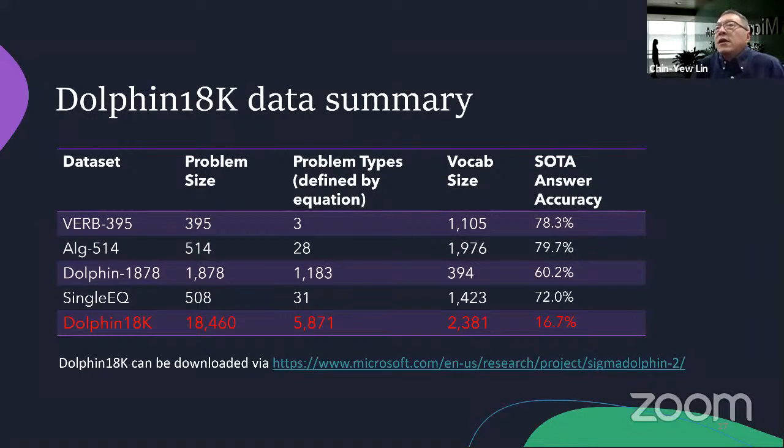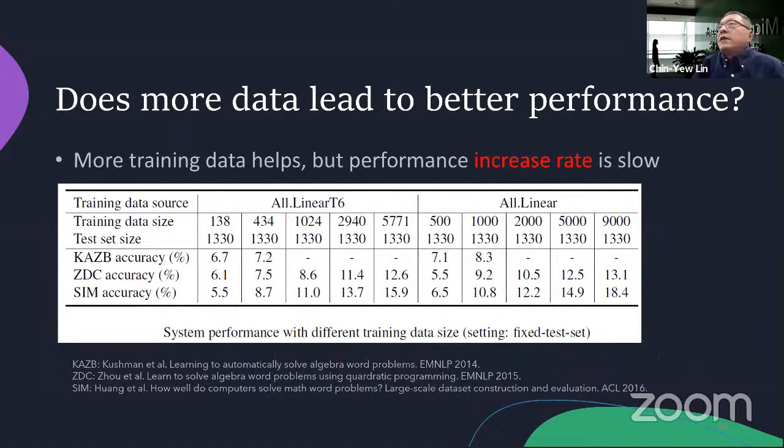You find the most similar problem that you saw before, and then you apply the equation of the most similar problem. In that case, if a problem type occurs more frequently, you're supposed to do better. So in this case, you can see in these two sets, the training data source, all linear T6 and all linear without T6.